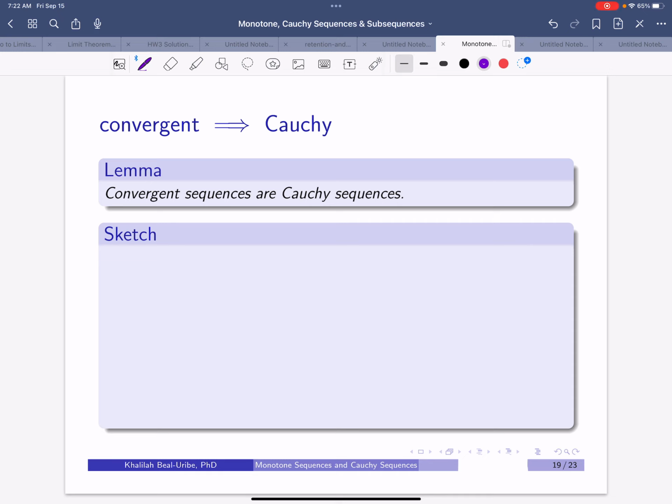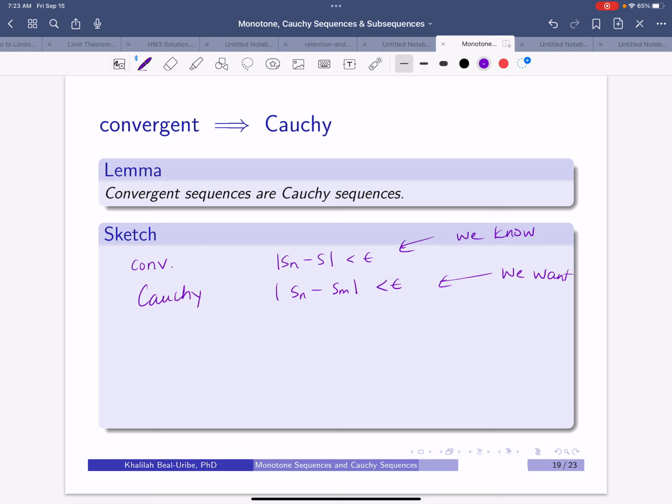Now, how are we going to get this? Remember, convergent means that the distance between Sn and S is arbitrarily small. Cauchy means that the distance between terms is arbitrarily small. This is what we want, and this is what we know already.